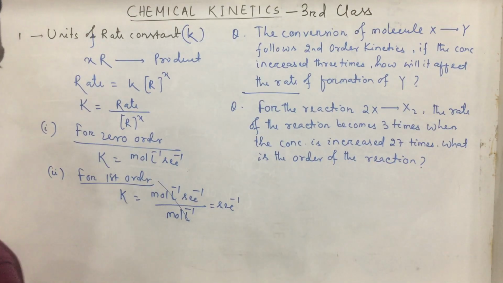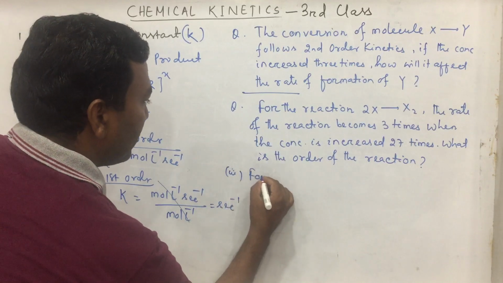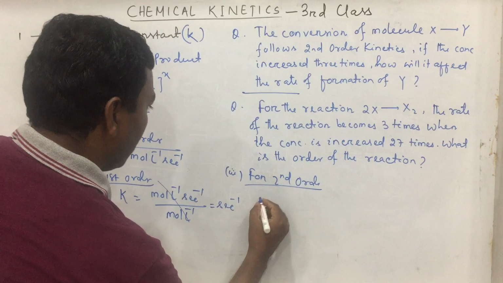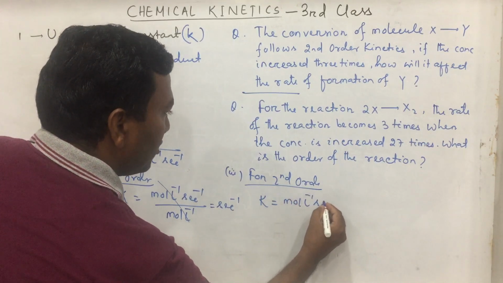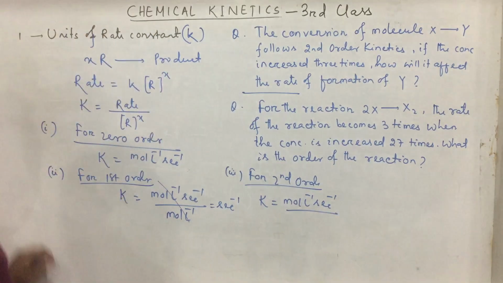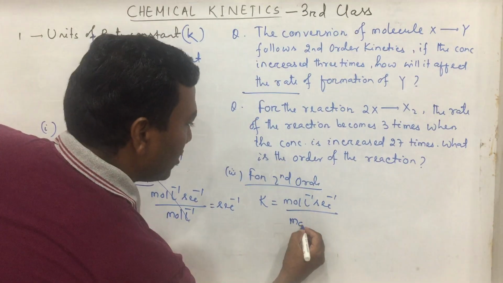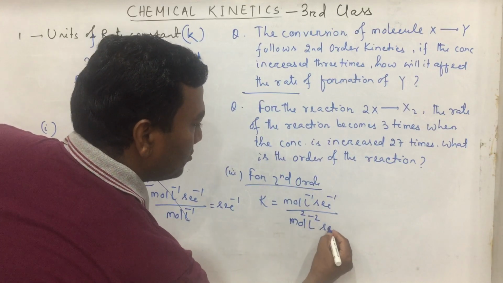Similarly, for second order, k equals mole liter inverse second inverse by R to the power 2. R to the power 2 means mole square liter to the power minus 2.